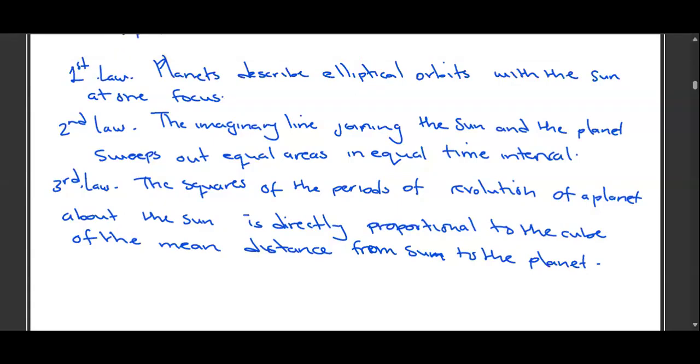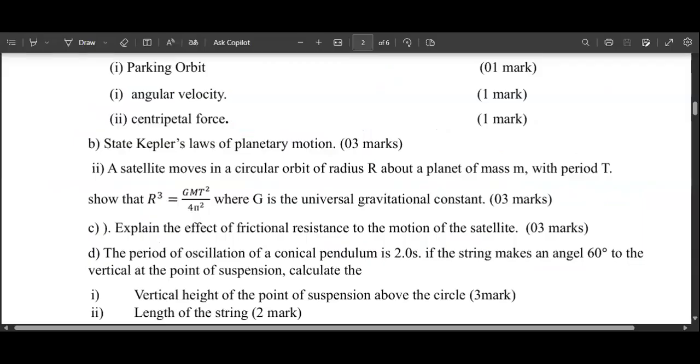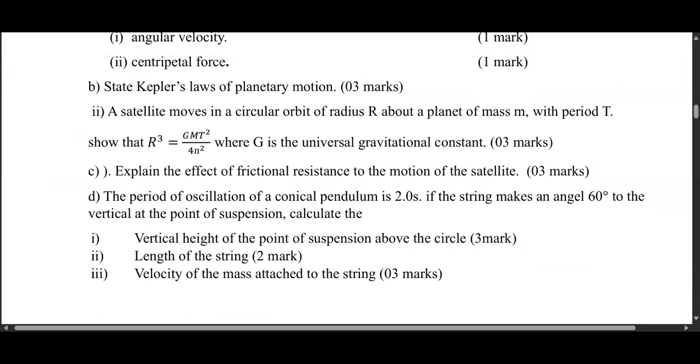Those are the three laws of planetary motion. Now, part 2, number 2 of part B: a satellite moves in a circular orbit of radius r about a planet of mass M, with the period T. Show that r cubed is equal to GMT squared divided by 4 pi squared.